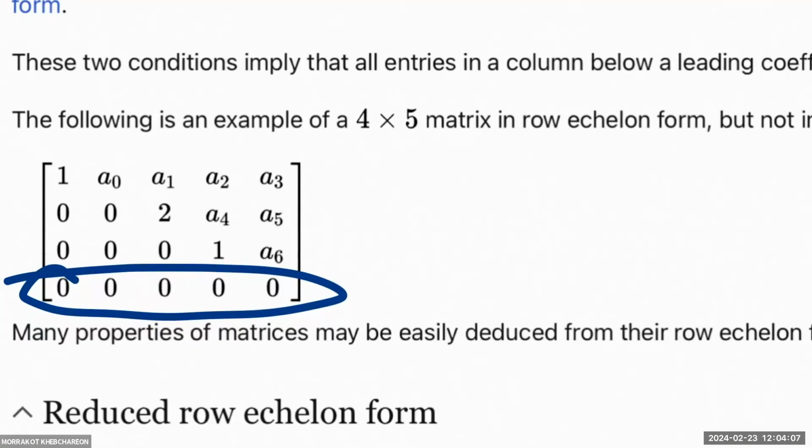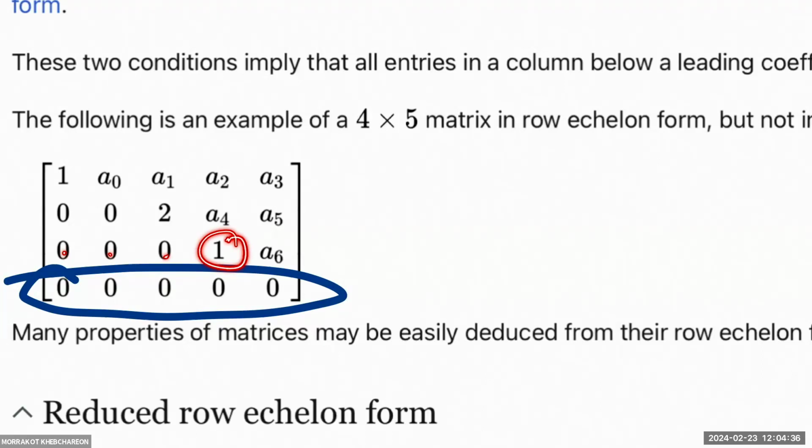This is the first row, no problem. Now, which is the pivot? In the second row, this is the first one that is non-zero. It shifts to the right of the row above. Here you go: first, second, third, fourth column.